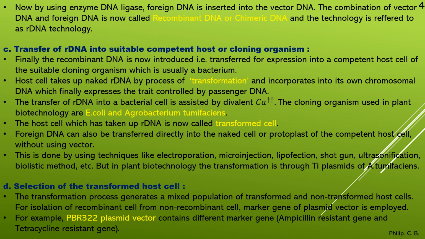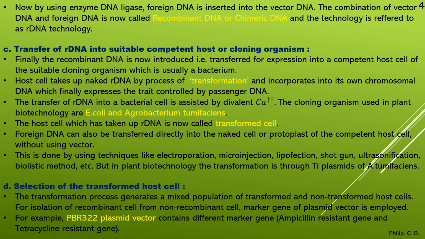The cloning organisms used in plant biotechnology are E. coli, that is Escherichia coli, and Agrobacterium tumefaciens, which are the most commonly used organisms in plant biotechnology. Further, the host cell which has taken up rDNA is now called a transformed cell. Why? Because it gets transformed by inserting the new DNA or gene.